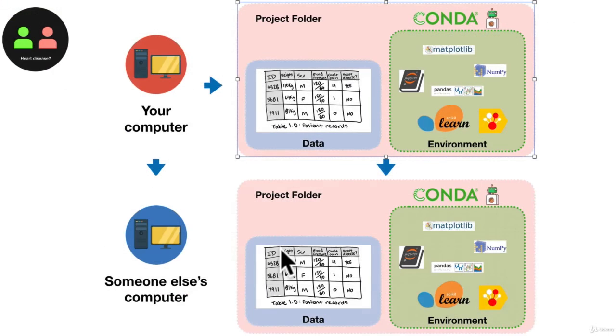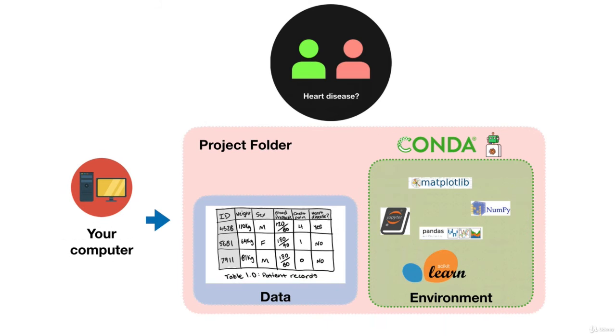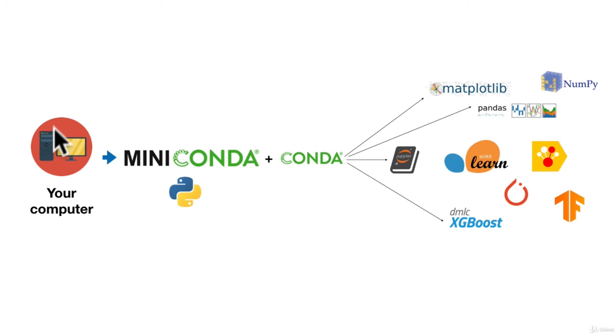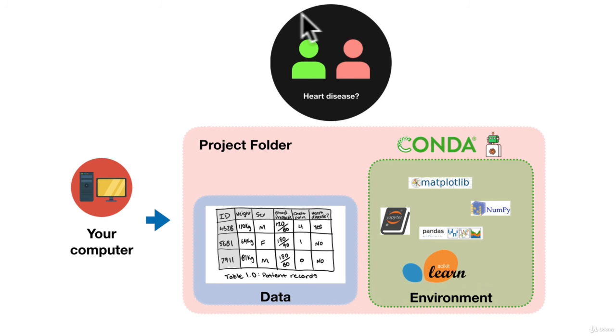Let's just do a quick recap of what we've actually done. Have our computer, that's what we started with. We downloaded Miniconda, which came along with Conda. And we come into this one. We wanted to set up an environment to work on our heart disease project. So what did we do?